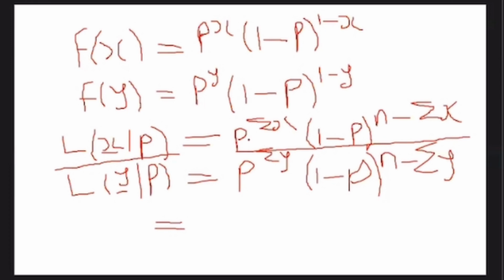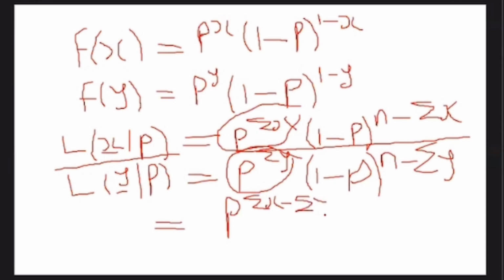When you take a look at p here, you've got a p here, right? You get another p here, right? If I can just write p, then I can write summation x minus summation y. Any question?